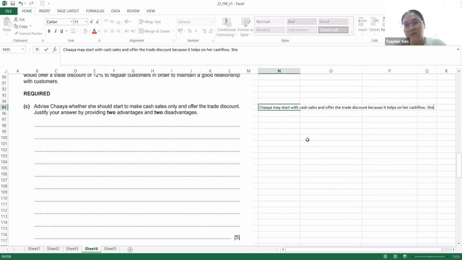She will get cash in immediately after sales and reduce the risk of irrecoverable debt.